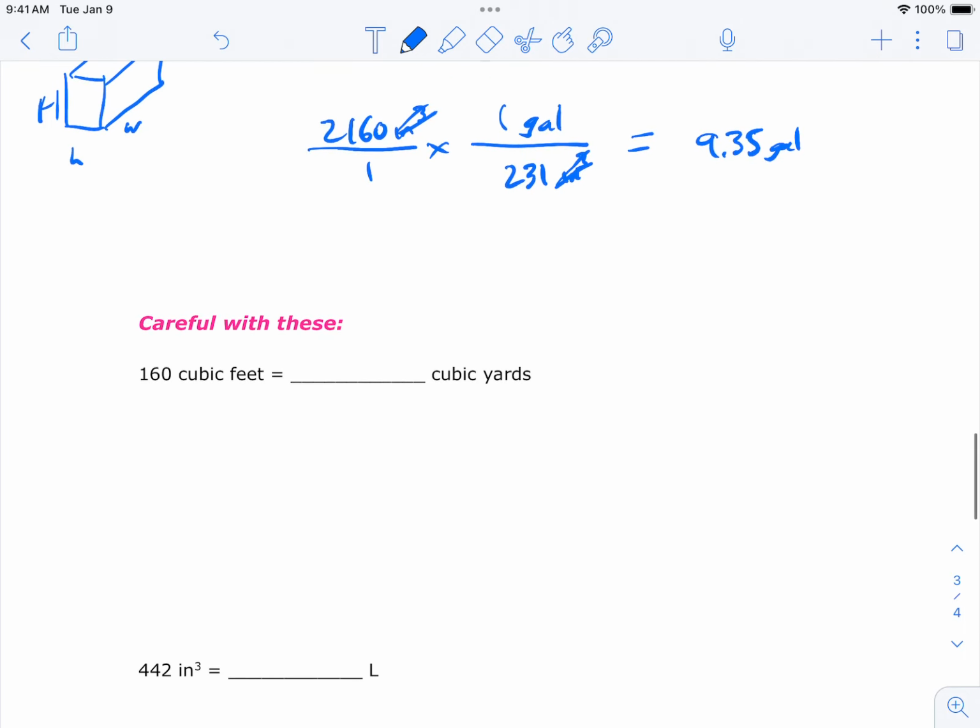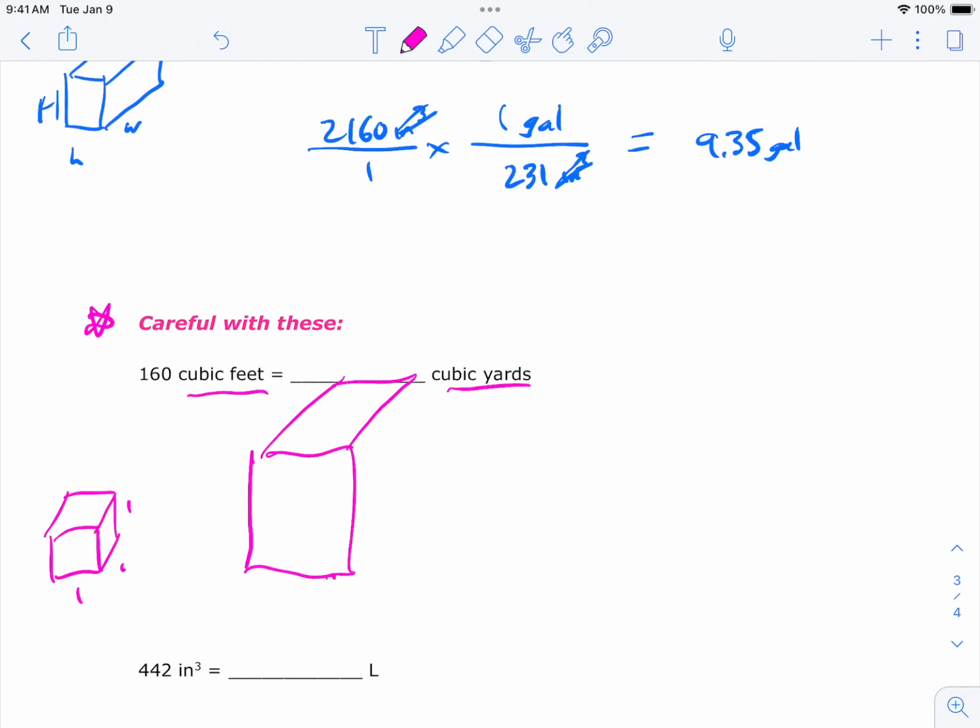Sometimes you have to do it another way, and this is one of those. Careful with these situations. I've got cubic feet. A cubic foot, what's that? That's what you get when you make a cube that measures 1 foot, 1 foot, 1 foot. Cubic yard, what's that? That's when you make a big box that measures 1 yard, 1 yard, 1 yard: length, width, height.